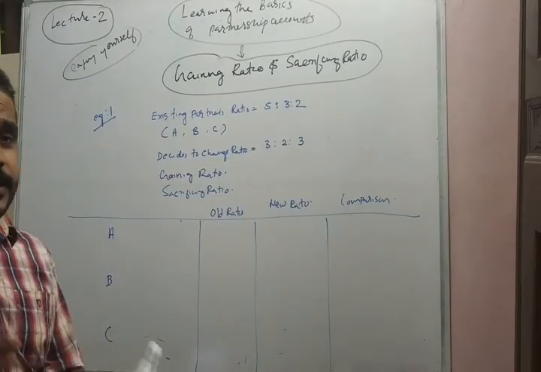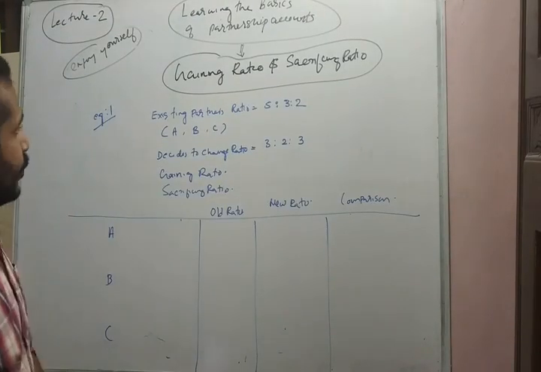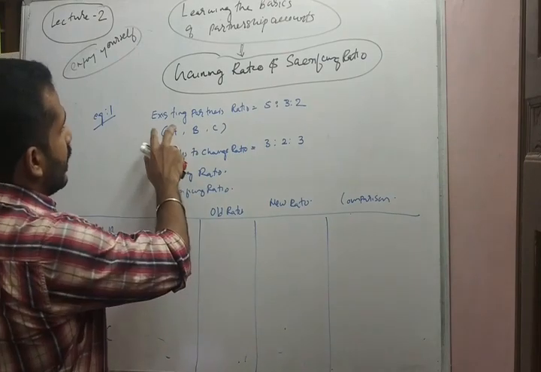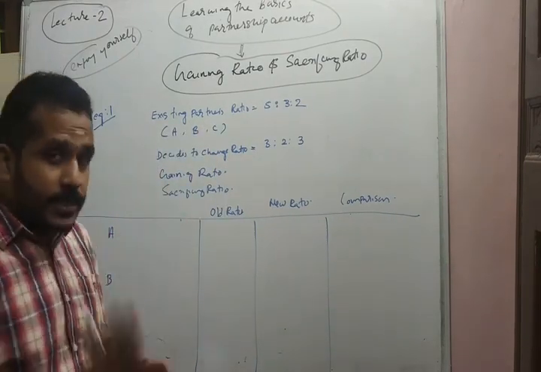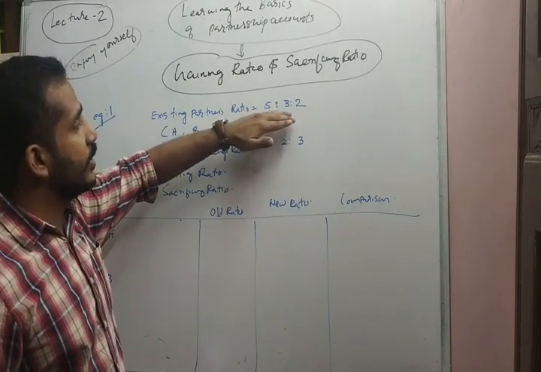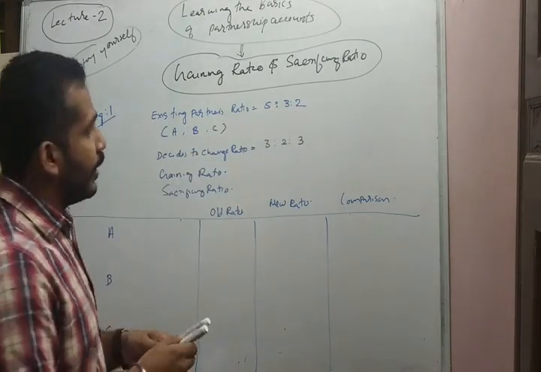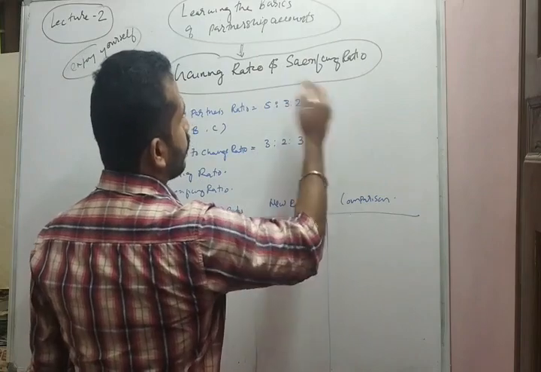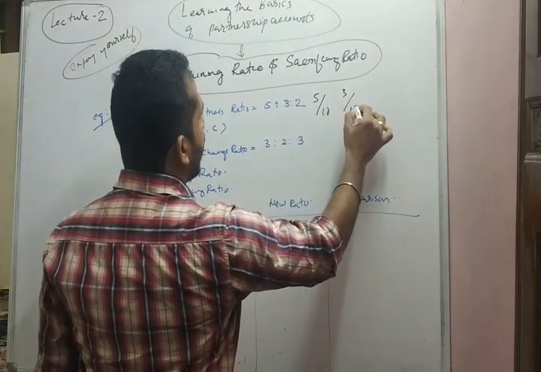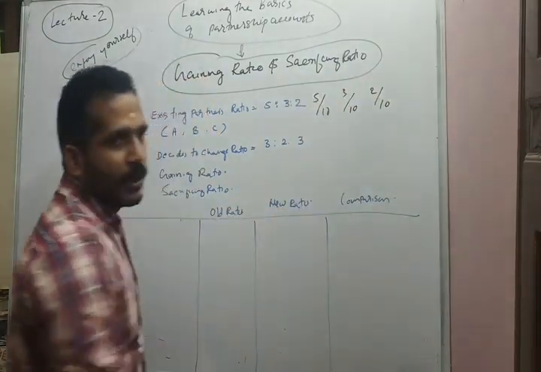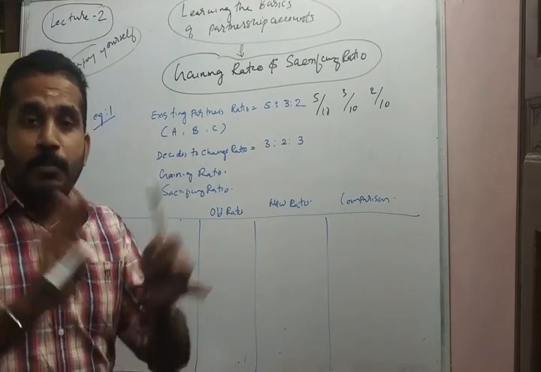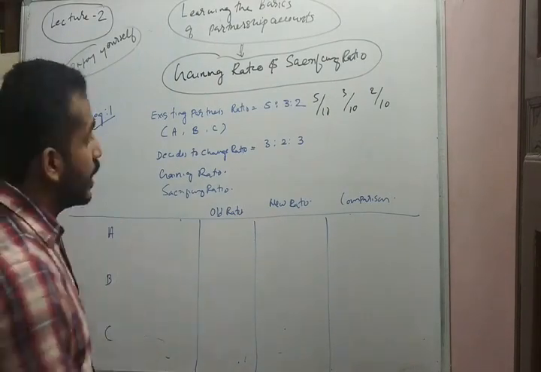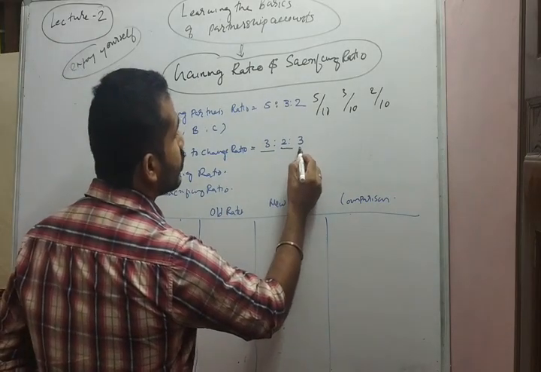So let us start with example 1, illustration 1. There are existing partners A, B and C, and their existing profit sharing ratio is 5:3:2. That means 5 by 10, 3 by 10, 2 by 10. The existing partners decided to change their profit sharing ratio to 3:2:3.